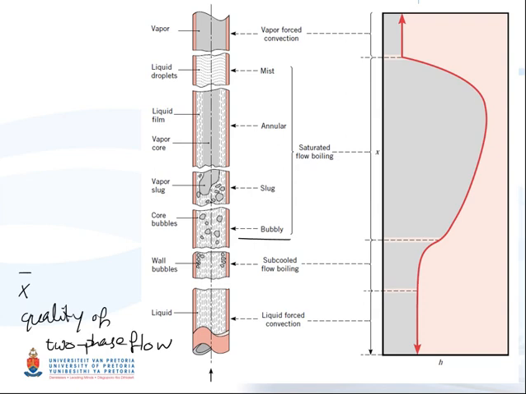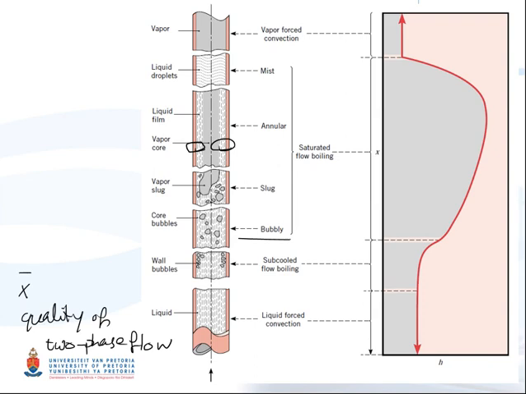So the X average increases and individual bubbles unify to form a slug of vapor. This slug flow regime is followed by an annular flow regime in which the liquid forms a film on the tube wall. So you can see it's annular, it's like a wall. This film moves along the inner surface of the tube while vapor moves at a larger velocity through the core of the tube.